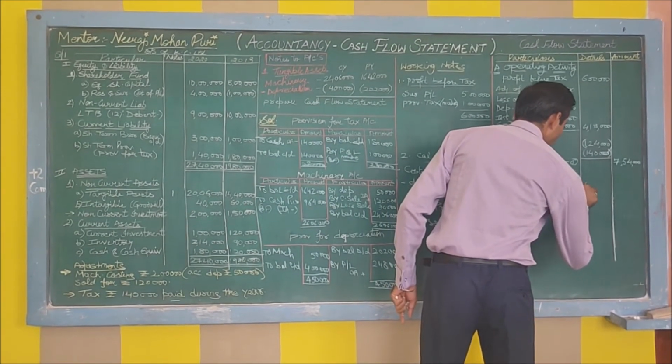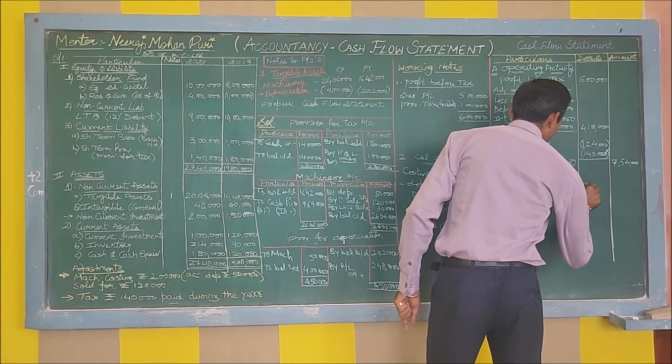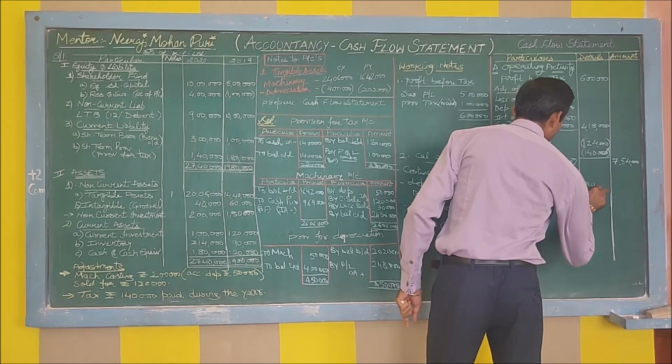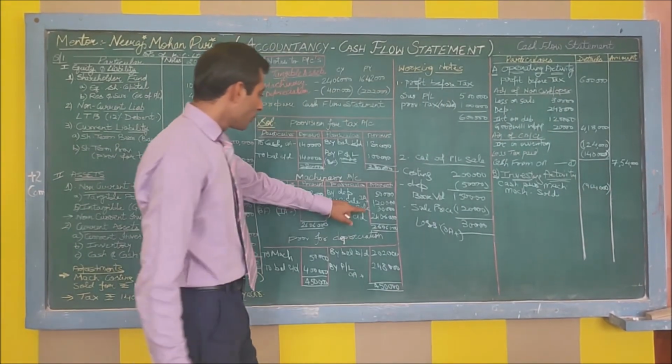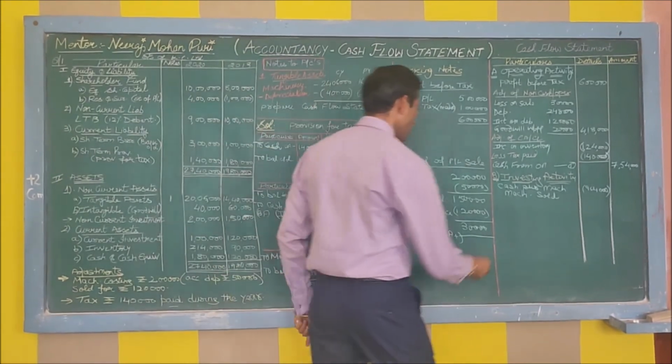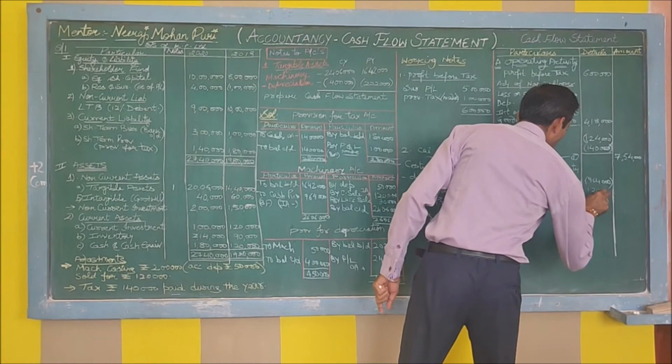This is minus directly. It is to be shown in the detail column. Minus 9,64,000. Under this, the sale value, whereas sale was 1,20,000. Sale price is a positive value, 1,20,000.